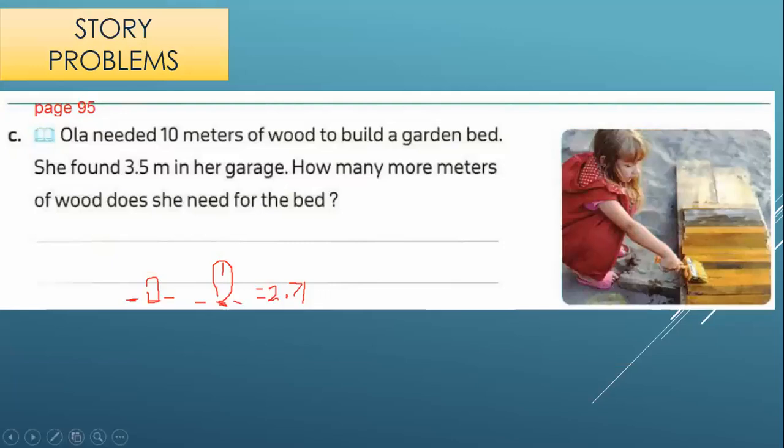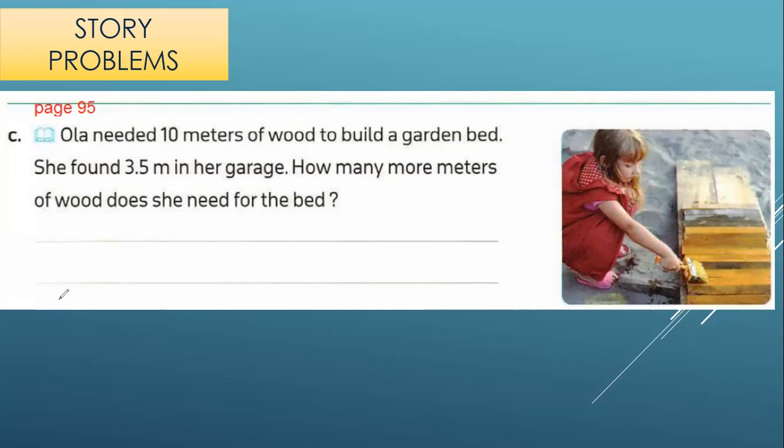Yes, teacher. Now we will see some story problems. Okay. We have many story problems in your book, the exercise, but we will see only two story problems. Let's read this one. Read the problem, Yusuf, and tell me what you understood.